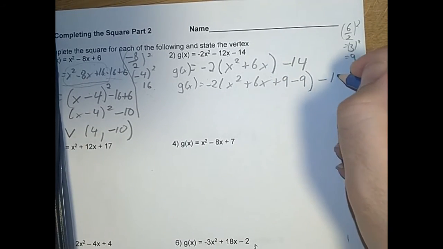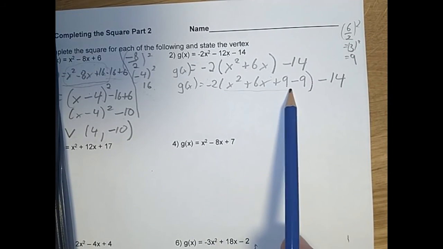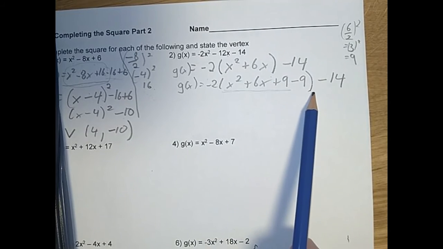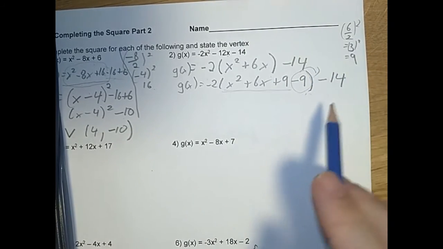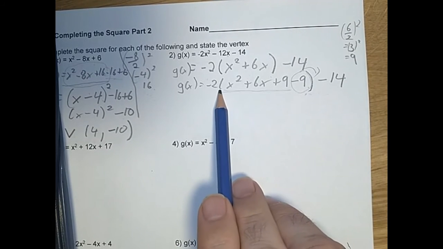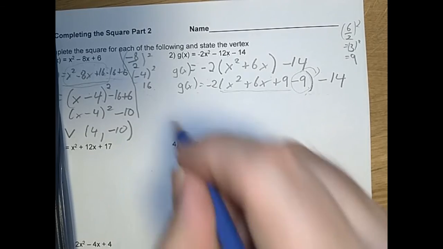And then you're going to subtract 14 on the end. Now, this here's your perfect square. You don't want that -9 inside, so you have to take it out. When you take the -9 out, you have to multiply by -2.